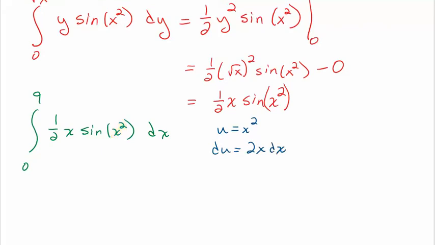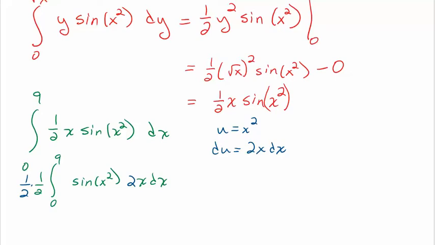Well, we've got an x, so I'll bring this half out here, 0 to 9, and I'm going to rewrite this x dx. So then I could put this 2 in here and then balance that out with a half out there. Now, you could integrate it right now and just keep everything in terms of x, or if you want to change your bounds and write it in terms of u, you can. So I think I'll show both ways.